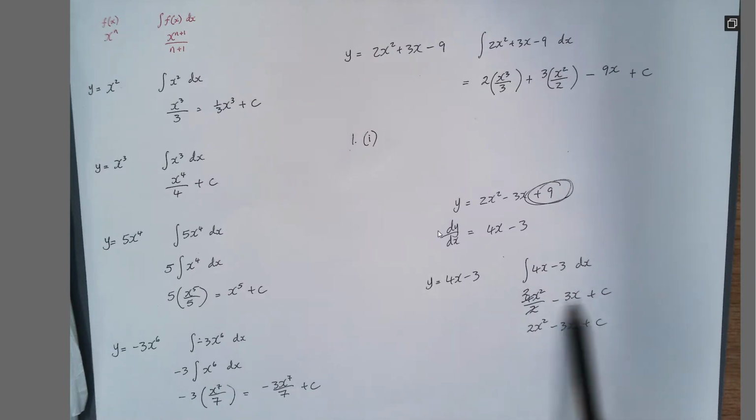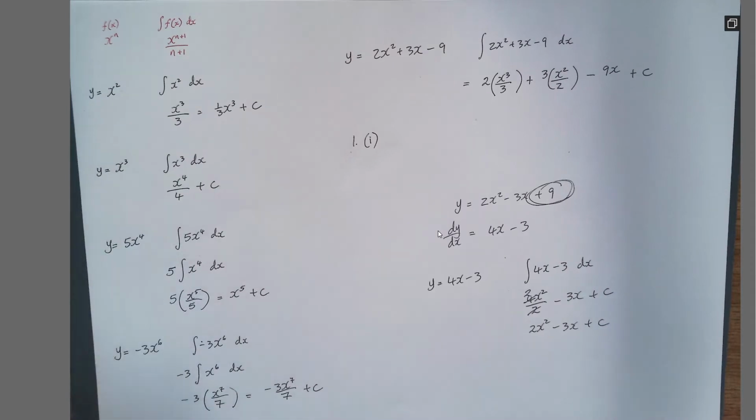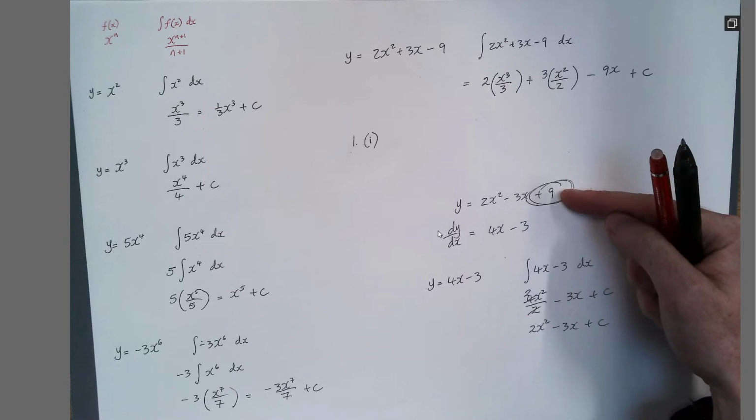Now, c can represent any number, unless we're given a range of values. C represents a number that we don't know.